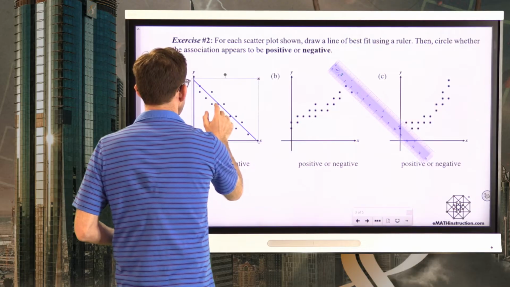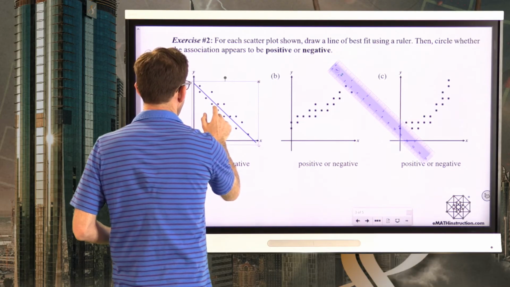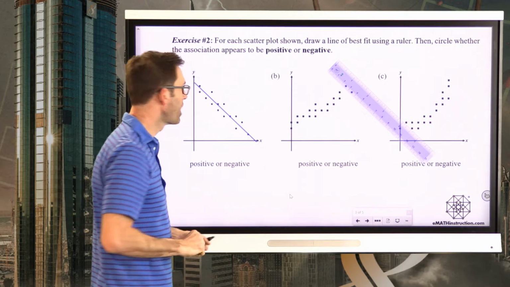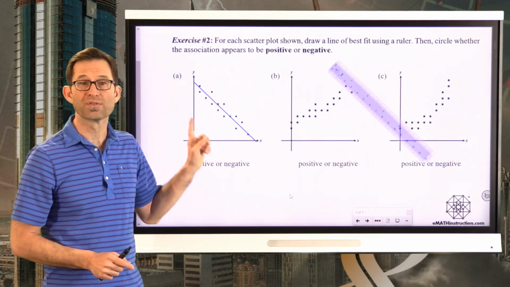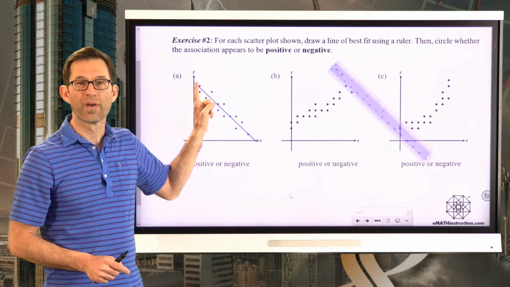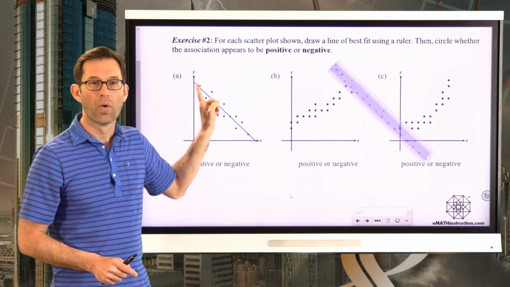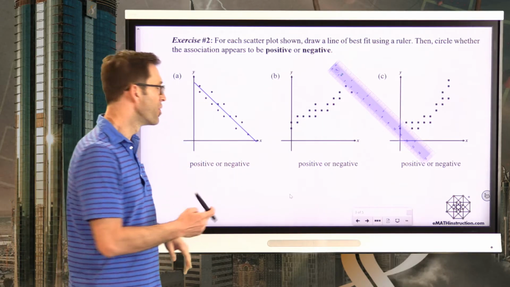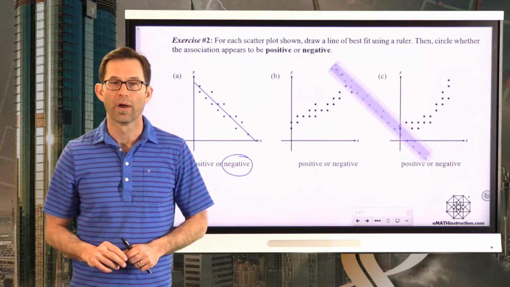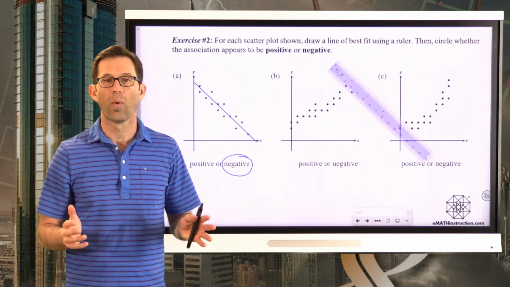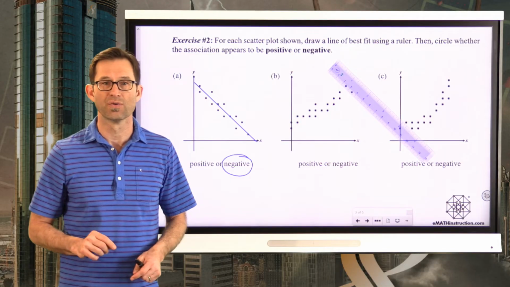Actually, I can do that with mine. I like it. Right about there. About the same number of data values above it as we do below it. And notice, right, if I'm on this curve and I let x increase, y decreases. So this is a negative association. All right? As x is getting larger, y is getting smaller, a negative association.